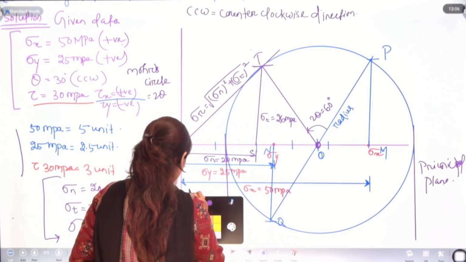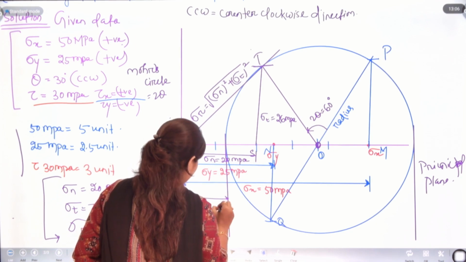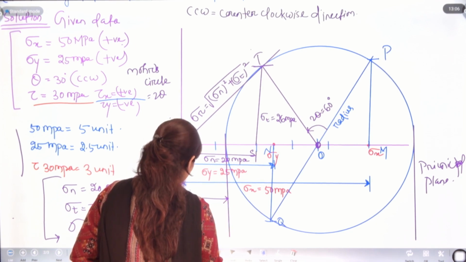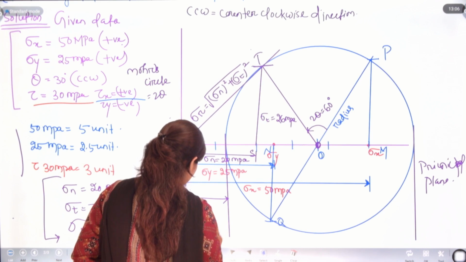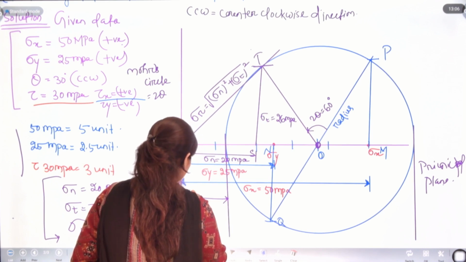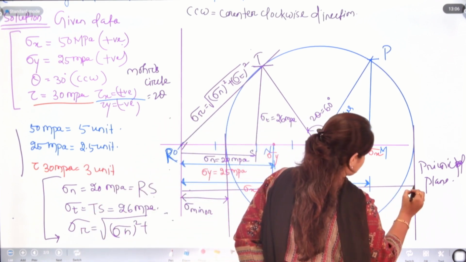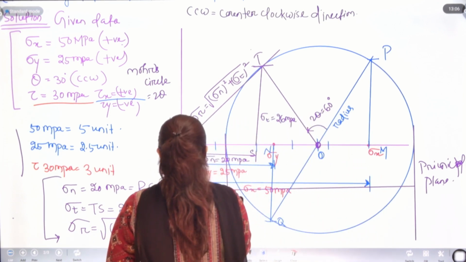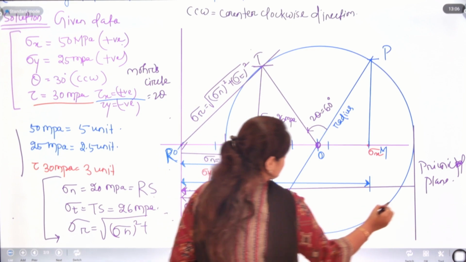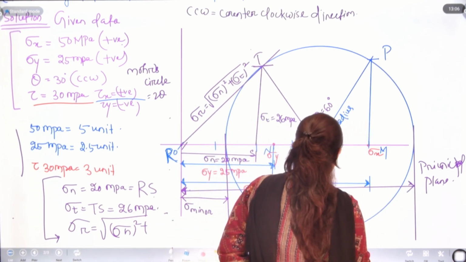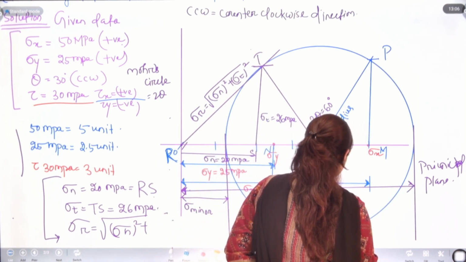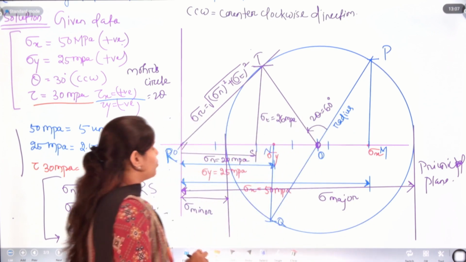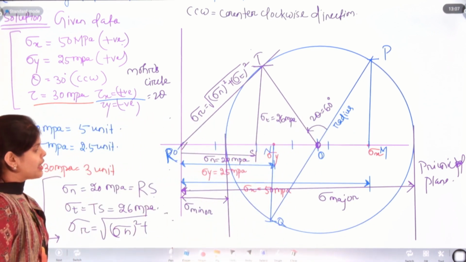Okay. So, here it will be your sigma minor, and this to this is going to be your sigma major. Okay. We have sigma major and sigma minor.